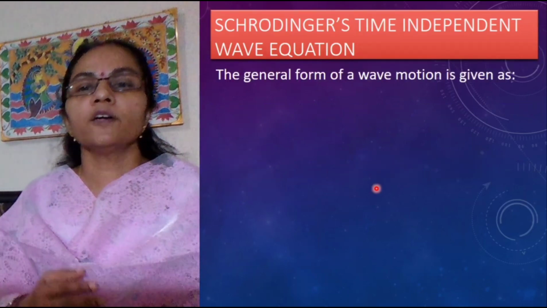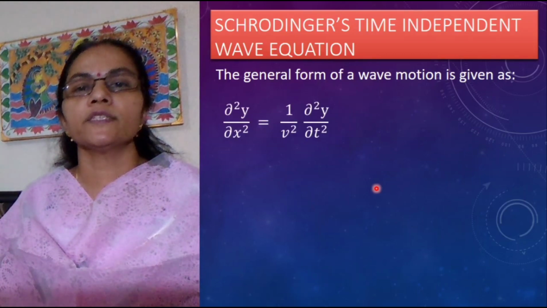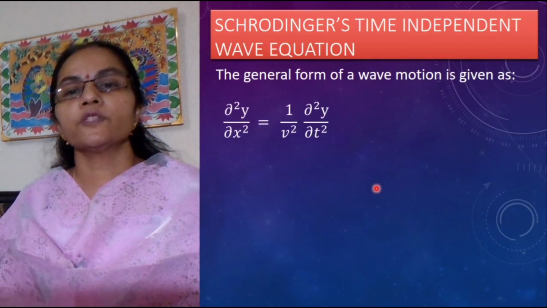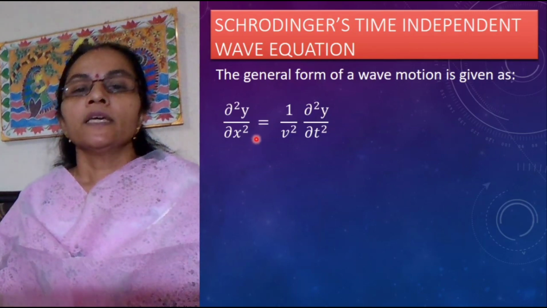Now the general form of a wave motion is given as del square y by del x square is equal to 1 by v square into del square y by del t square.